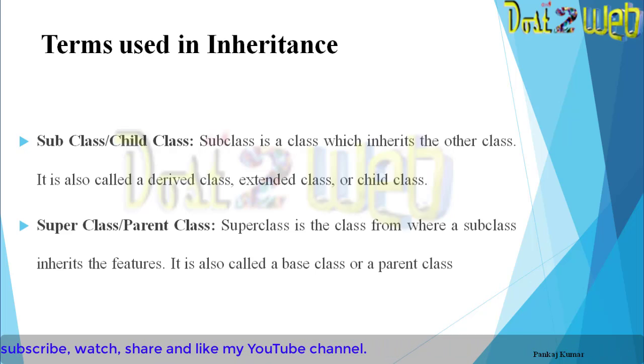Now what is the superclass? The superclass is also called the parent class, and this superclass is the class from where a subclass inherits the features. From where it inherits the features, it is called your base class. You can call it parent class also.